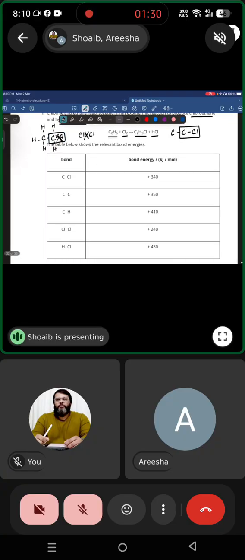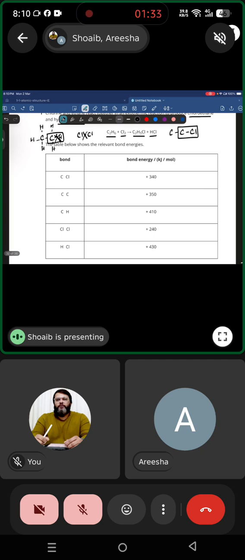So the bond broken is the carbon and hydrogen bond. This one is bond broken. Okay, and another bond that is broken on the reactant side is the chlorine-chlorine bond. So this one is a bond broken of a chlorine.